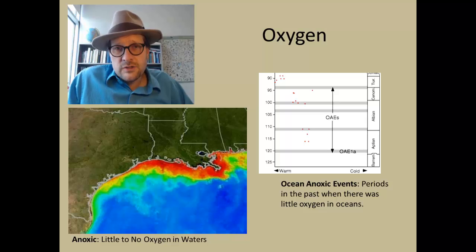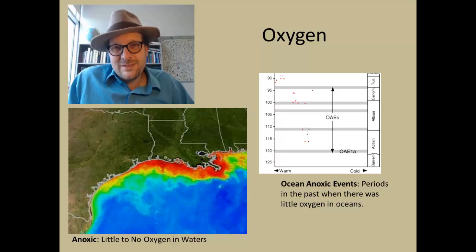So there's no more oxygen for many organisms like fish, crustaceans, and this is a big issue with many fisheries and shrimp farms along Louisiana. When you have these anoxic conditions, it means that all those organisms die. They just don't have enough oxygen in the water to live.